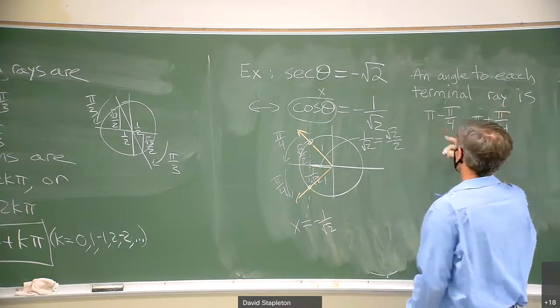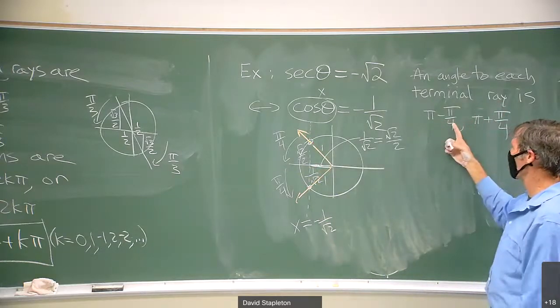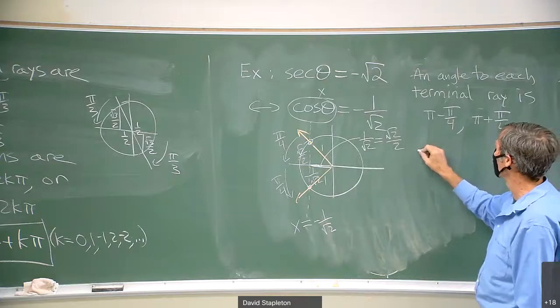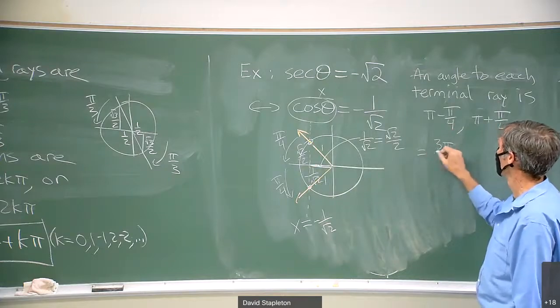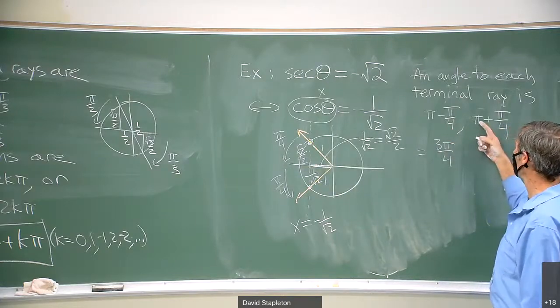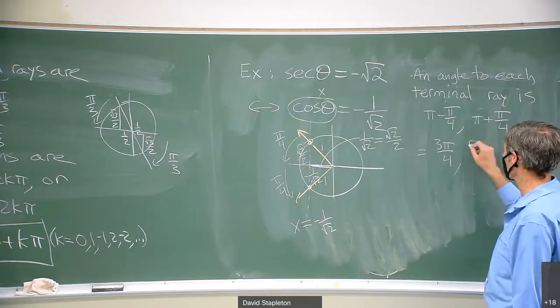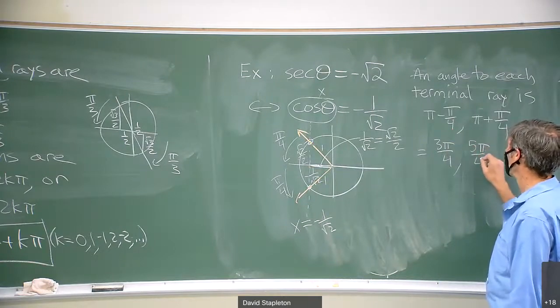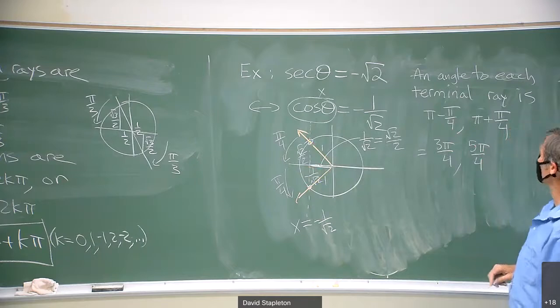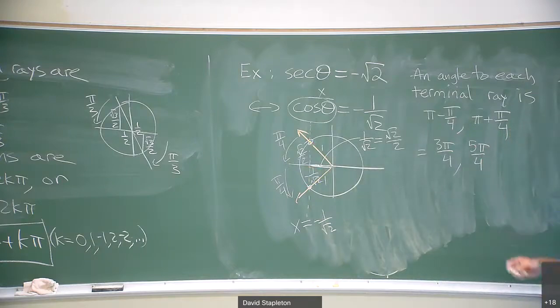All right, this is one pi minus a fourth pi, which is 3/4 pi. This is 1 pi plus a 4th pi, which is 5/4 pi, right? 1/4 plus 1 is 5/4, all times pi. So those are two different angles, one to each terminal ray, right?